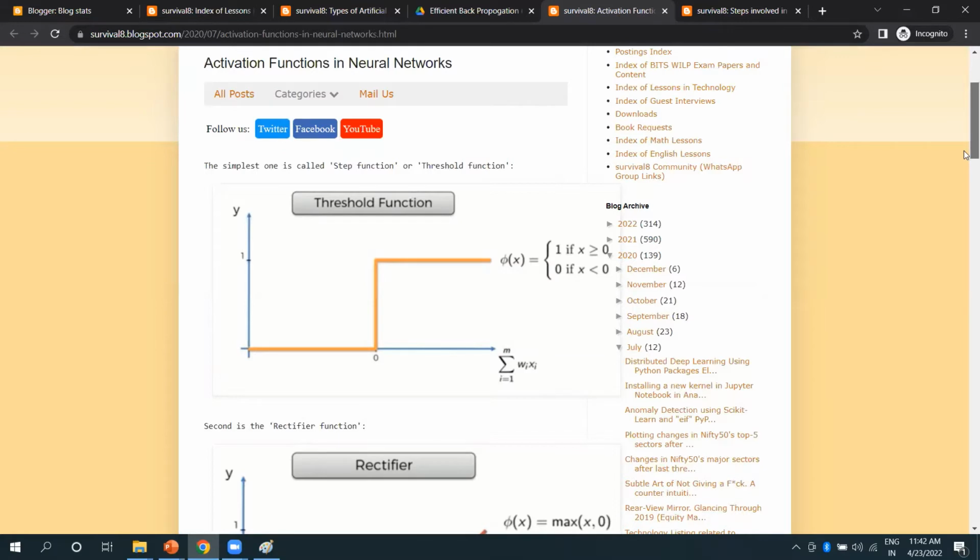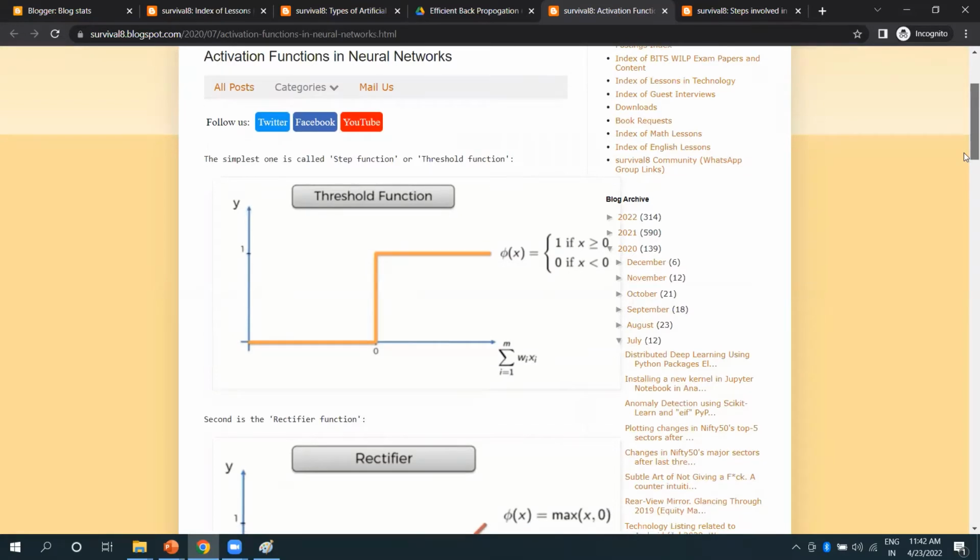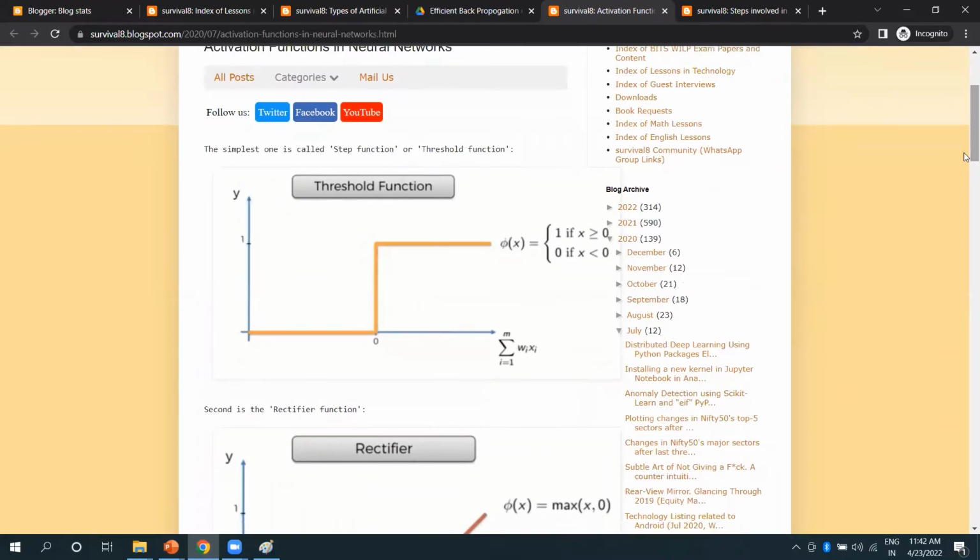The significance of these different functions is that they are used at times to convert a value.